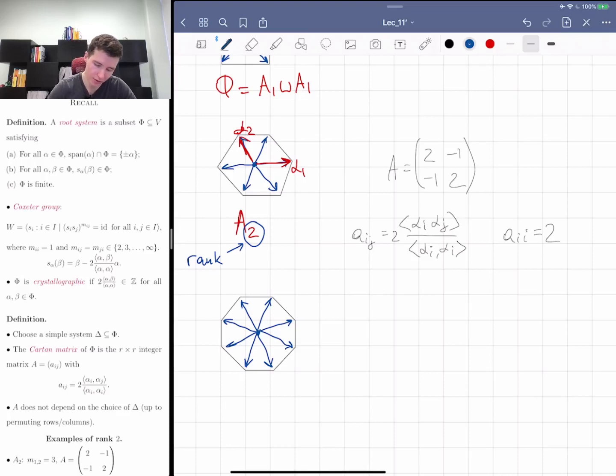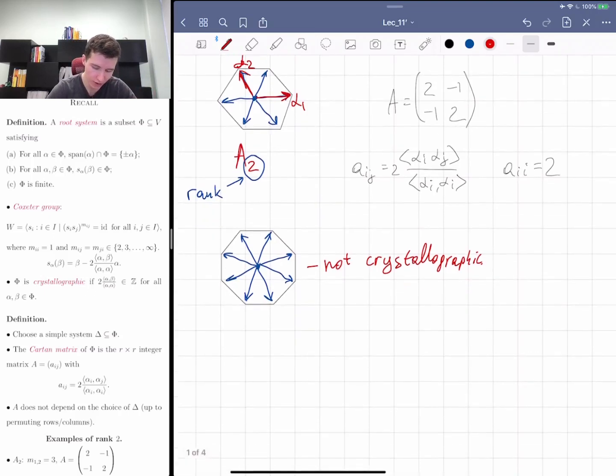If you try to look at this condition, then you can see that this root system is not crystallographic. And that's a problem. I want to only look at crystallographic ones. Why is this not crystallographic?